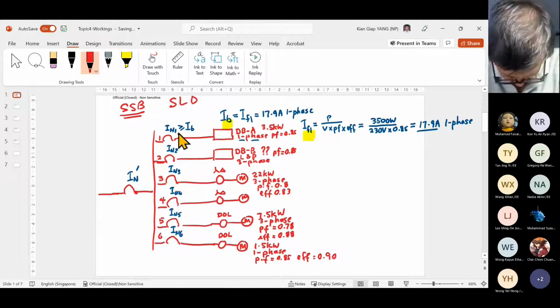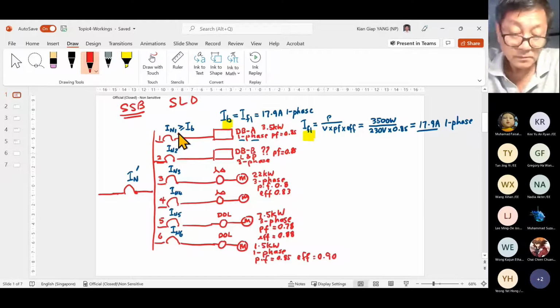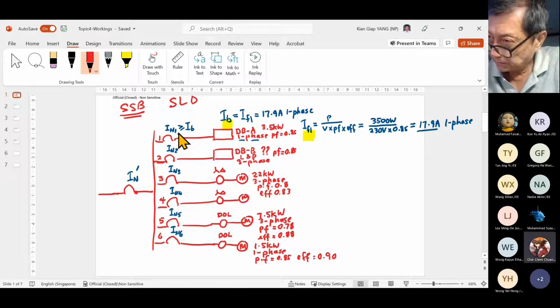Anybody? I calculated I full load is 17.9 ampere, my IB also 17.9 ampere. So what is the circuit breaker rating IN1 I can choose? The next highest, right?